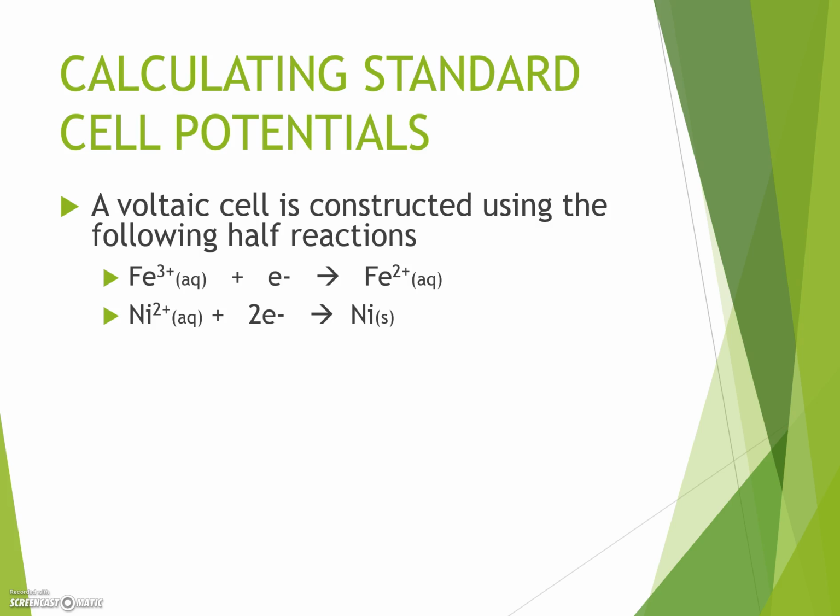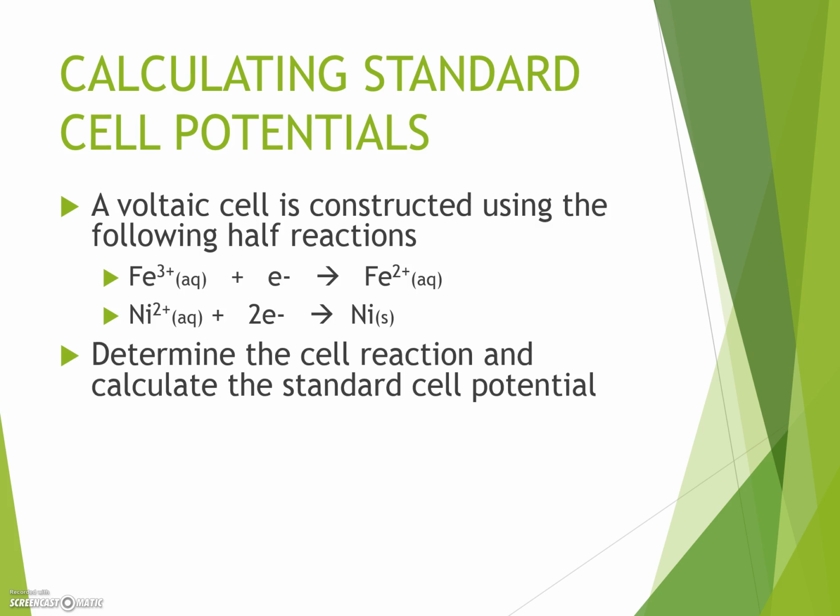And what we're going to have to do first is use our table to determine which one of those half reactions is going to be the reduction half reaction and which one's going to be the oxidation half reaction. And once we do that, we're going to be able to calculate the voltage across the cell and draw our voltaic cell.